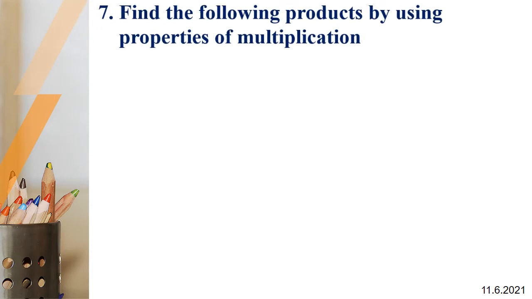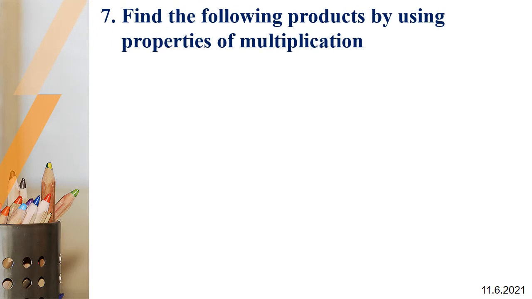Next, the seventh problem. Find the following products by using properties of multiplication. Second sum, 654 × 103.